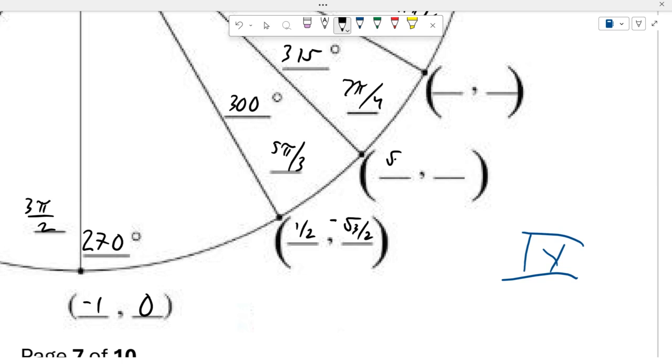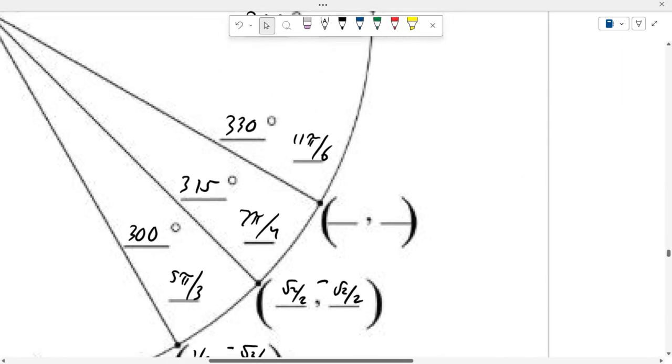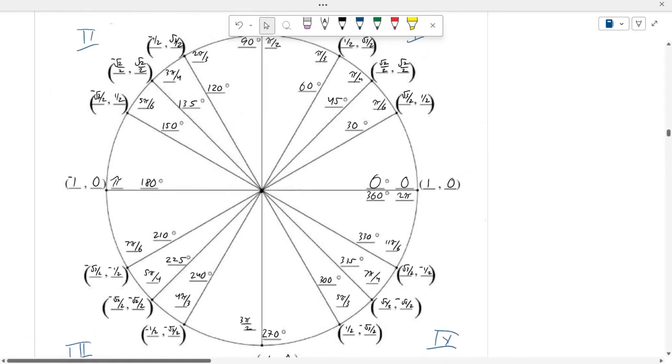At the middle, you got your root 2 over 2's, and your y-coordinate's negative because you went down. And then at 11 pi over 6, you have a wide, short triangle. So your x-coordinate is large, your y-coordinate is small. And you went down, so the y-coordinate is negative.